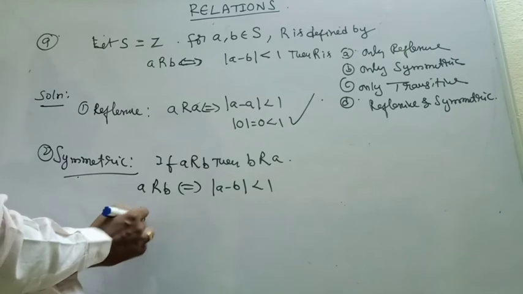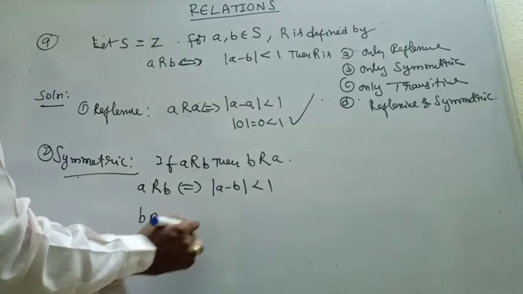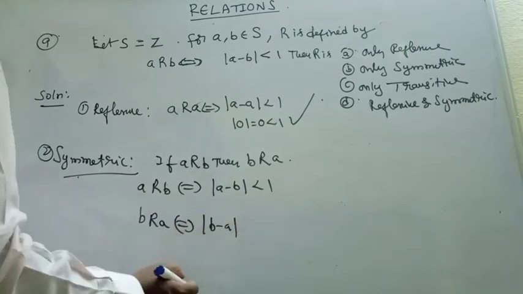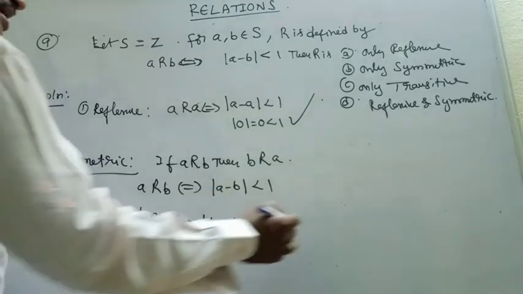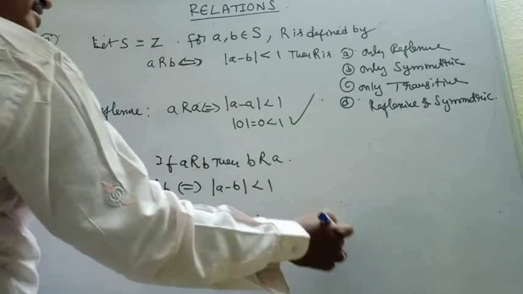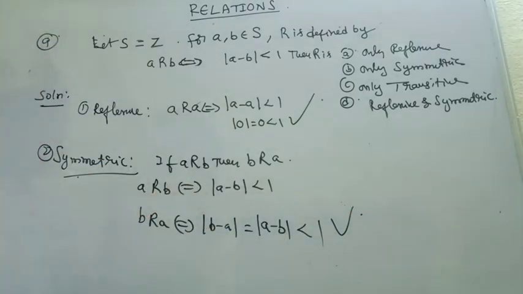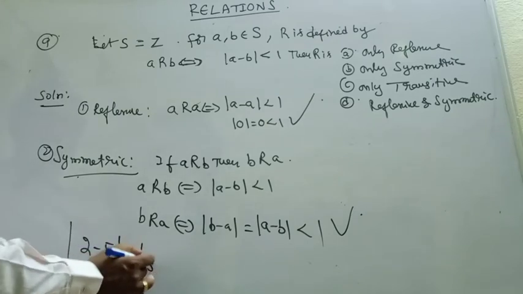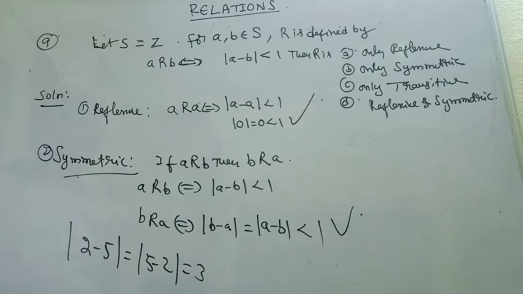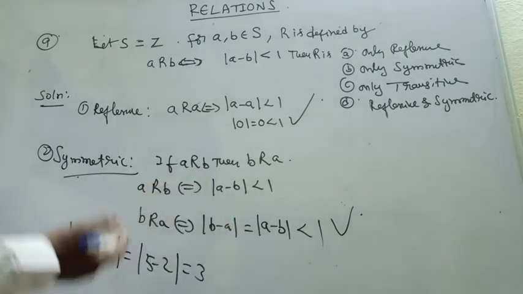Now, B related to A means modulus of B minus A, which we can also write as modulus of A minus B. Both are the same. That is less than 1. Already it is given. Modulus of B minus A equals modulus of A minus B. That is true, because modulus of 2 minus 5 is equal to modulus of 5 minus 2, that equals 3. Therefore, it is symmetric. No doubt in it.